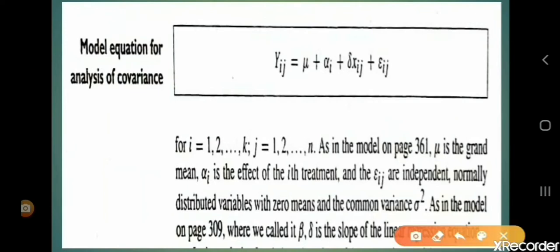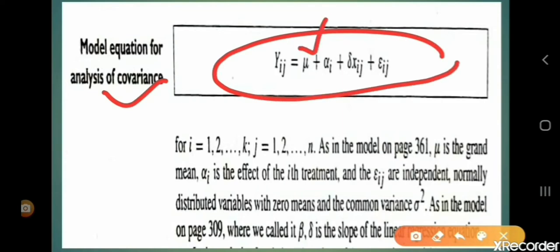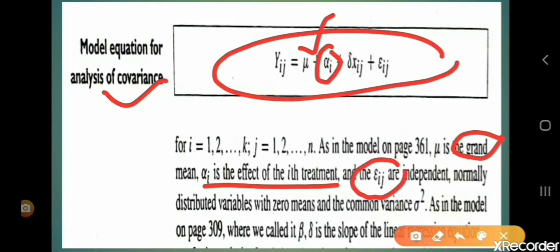Next, the model equation for analysis of covariance is given by this, where mu is the grand mean, alpha i is the effect of the ith treatment, and epsilon ij is an independent variable which is normally distributed with zero mean and common variance sigma square.